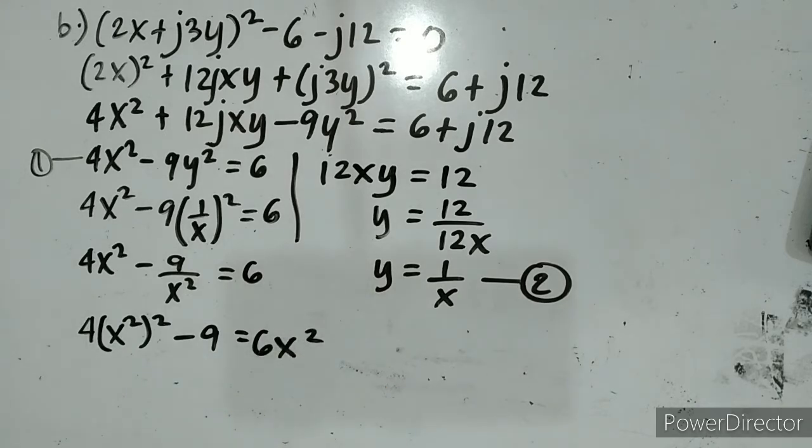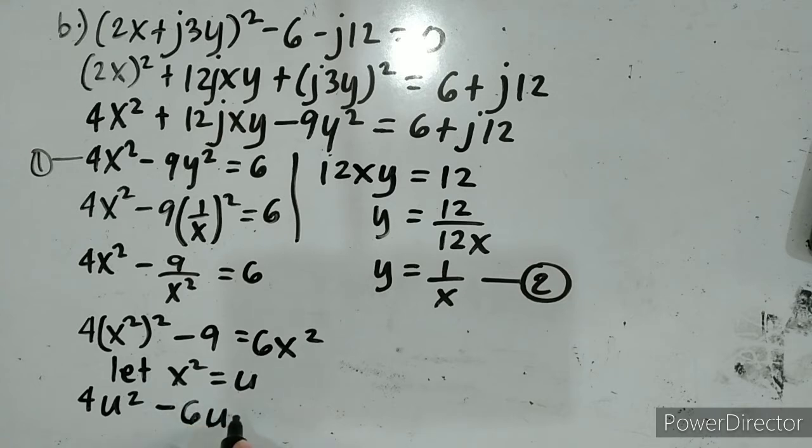Okay. So that we can simplify the equation, we let x squared be equal to u. So we have now 4u squared, transpose this to the other side so as to form a quadratic equation: 4u squared minus 6u minus 9 equals 0.